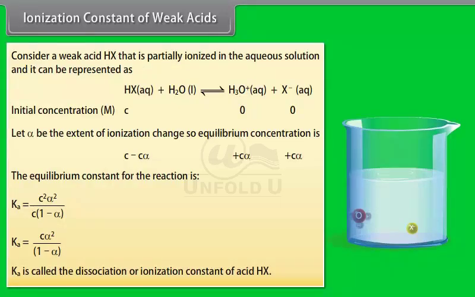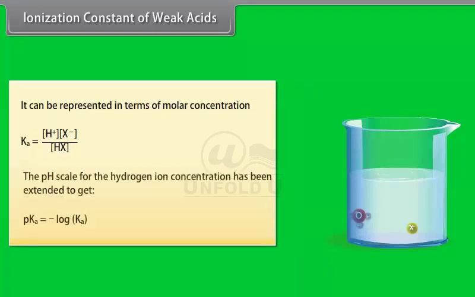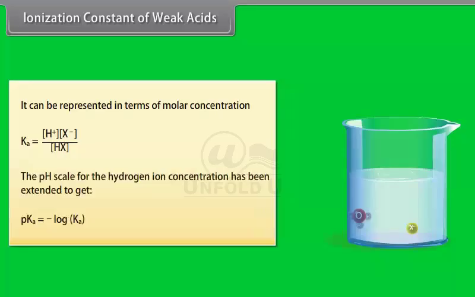Ka is called the dissociation or ionization constant of acid HX. It can be represented in terms of molar concentration. The pH scale for the hydrogen ion concentration has been extended to get ionization constant of weak bases.